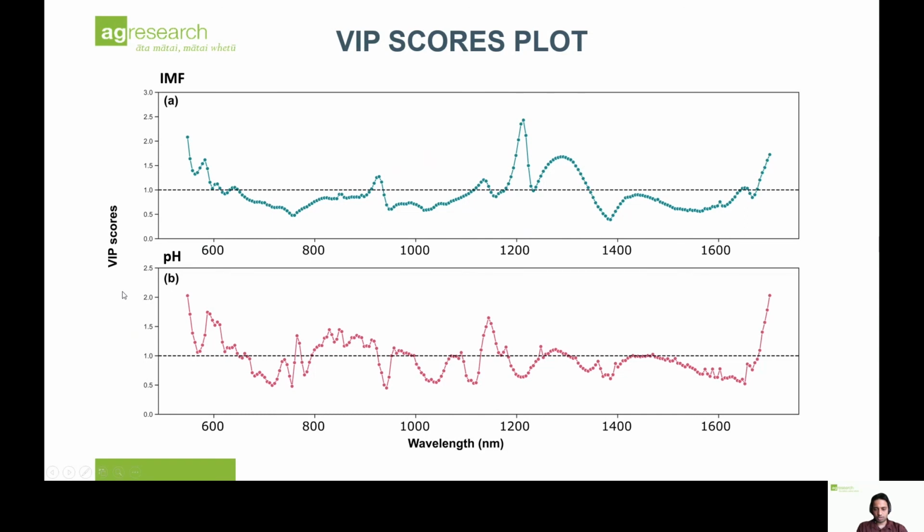In terms of pH in the diffuse reflectance spectroscopy measurements, it is a combination of bands in the visible and NIR region. pH is related to your meat color and meat's water holding capacity. Darker the meat, higher the pH. Higher the pH, lower the water holding capacity of meat.